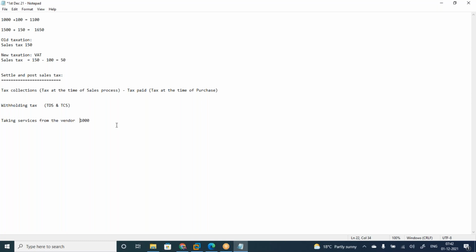If you are taking services from the vendor, for those services the charge is 1000 rupees. While doing payment, what is the government saying? Deduct withholding tax.